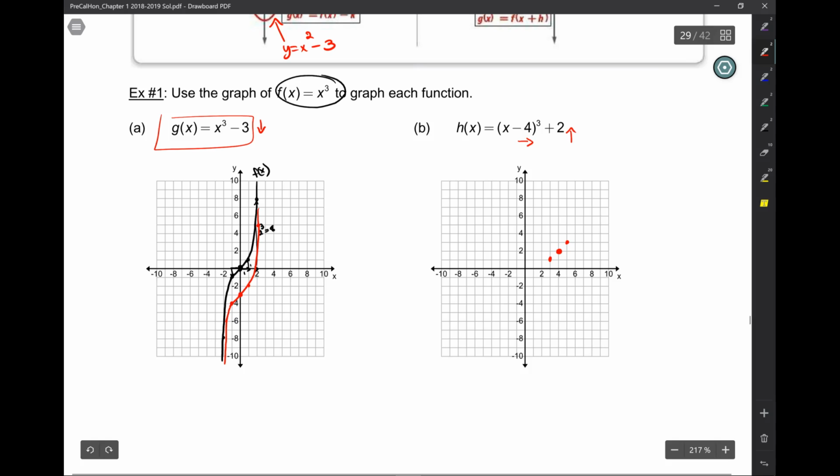So from 2, I'm going to go up to 10 and -8. Do you see? This is what we do. We're not going to do anything else more mundane.